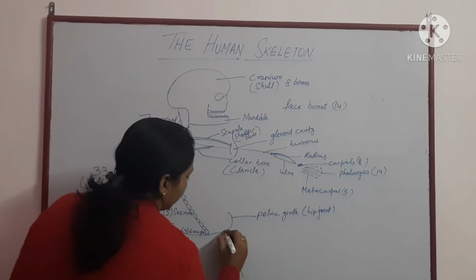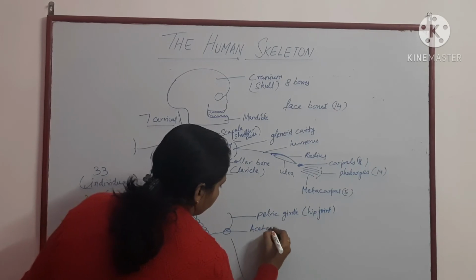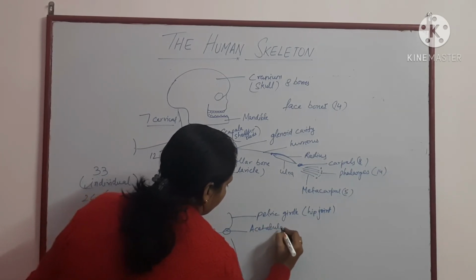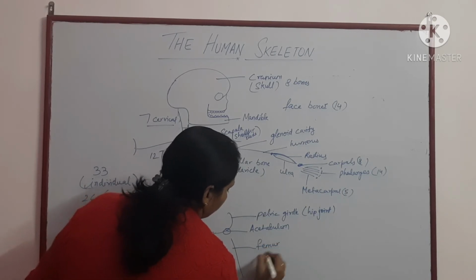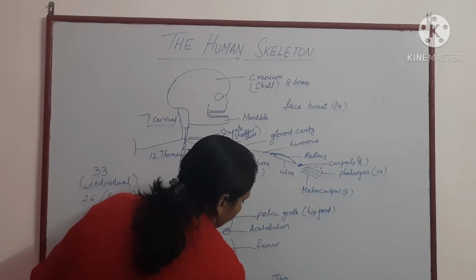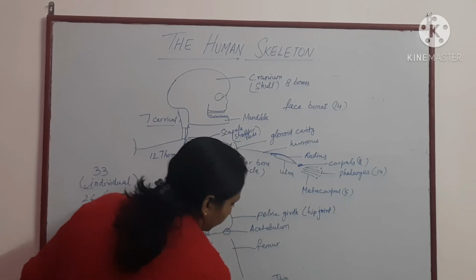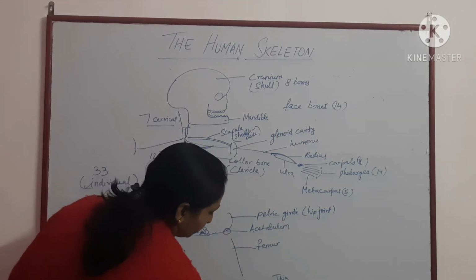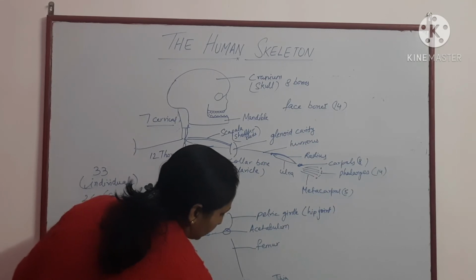In this, the cavity present here is the acetabulum. First is the femur bone. Next is the tibia and fibula. The thicker one is the tibia. Next is the fibula.